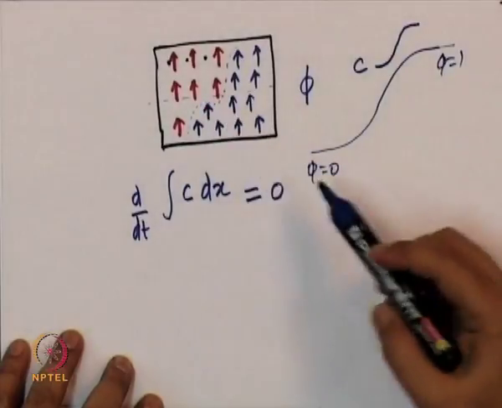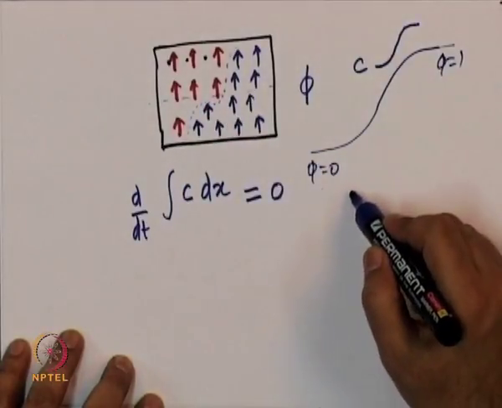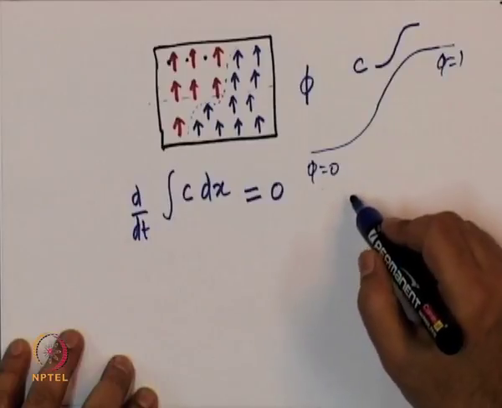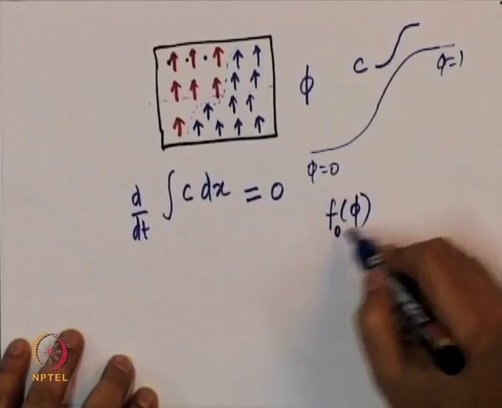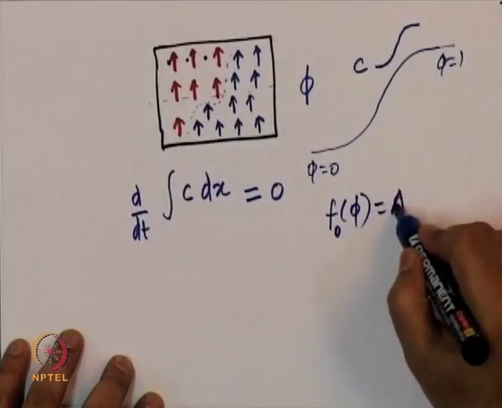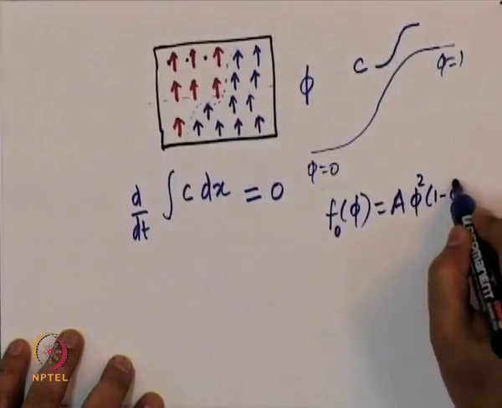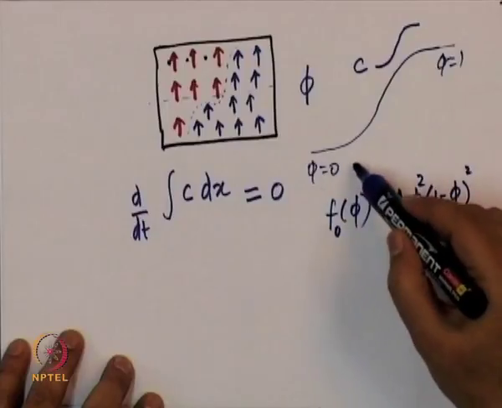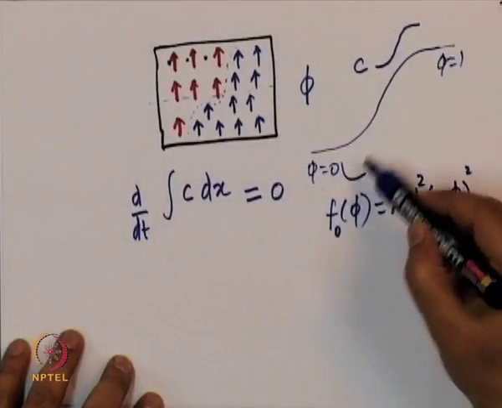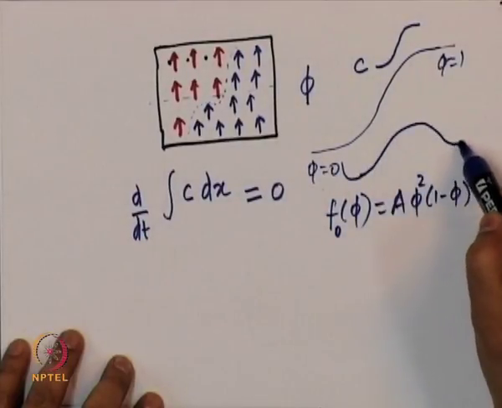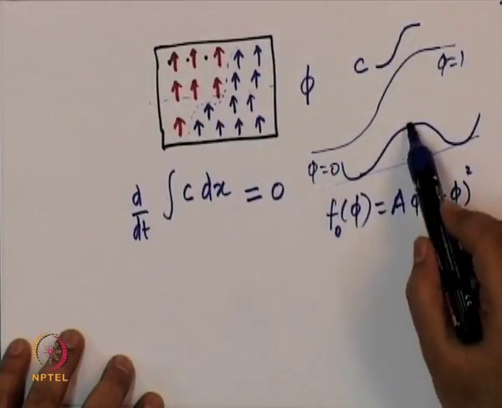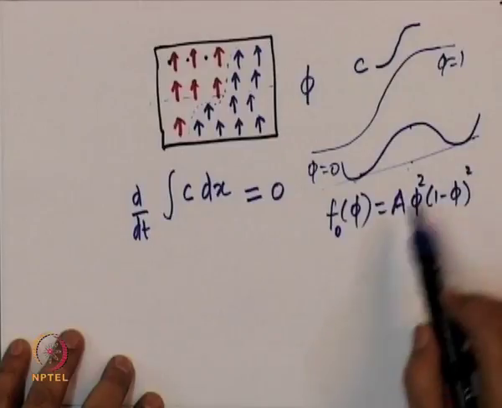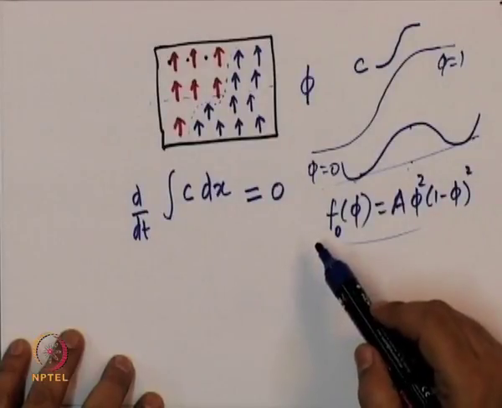These two coexist, which means I can define a function f0 of phi, which is some a phi squared into (1 minus phi) whole squared. So it has a minimum associated with this phase and a minimum associated with that phase, again symmetric, with 0.5 in the middle, and these two are at the same value. So this is what I assume.